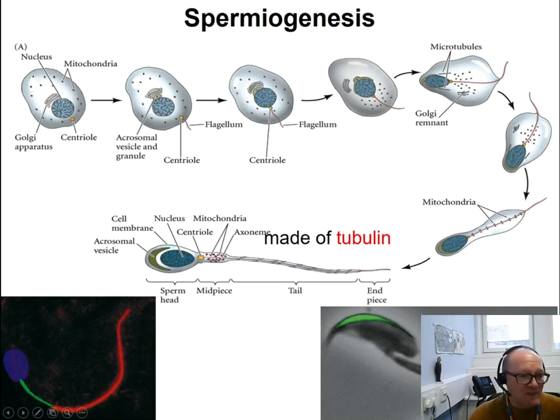At the end of this process of maturation, we have a very long tail, made mostly of tubulin, covered by a thin layer of cytoplasm, a middle piece where we find most of the mitochondria, and then a head where we find a nucleus and the acrosomal vesicle.